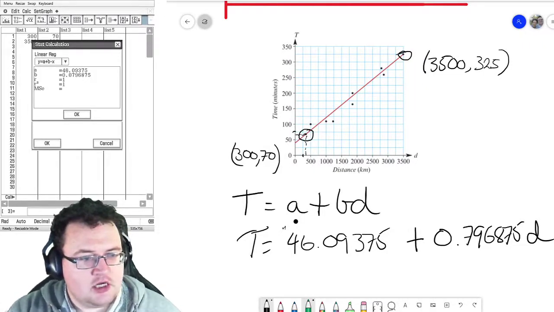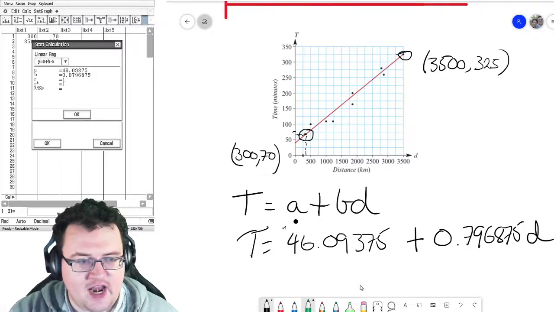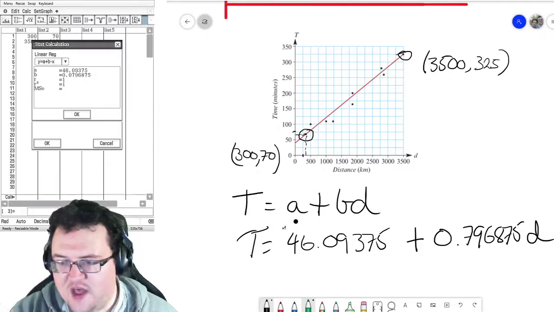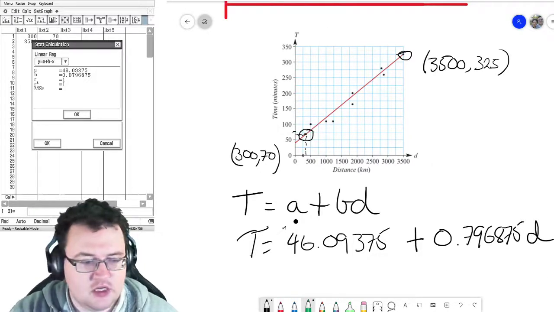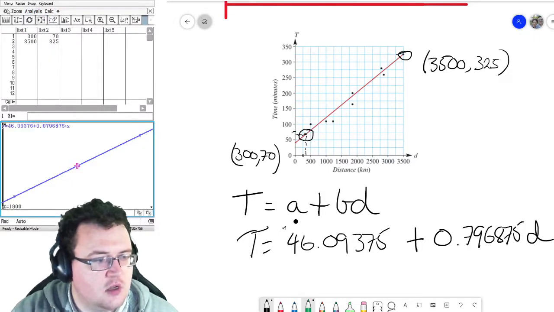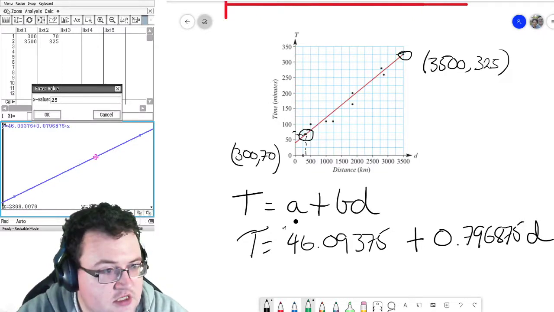Use the line to predict the traveling times between two cities that are 2,500 kilometers apart and 4,500 kilometers apart. So again, we can go back to our CAS for this. It makes our lives much easier because we copied it into our Y1. Calc, analysis, and from here we can find 2,500.